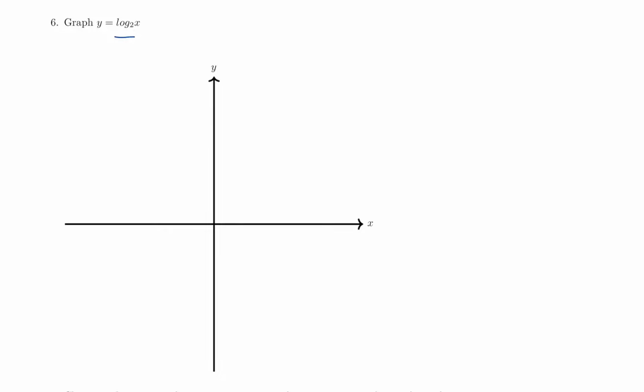So how do we find an inverse function? Let's find the inverse function of this. Remember in module 1, I believe, how do you find an inverse function? First, switch x and y, like this. Then solve for y. How do we solve for y? We have to rewrite in exponential form.